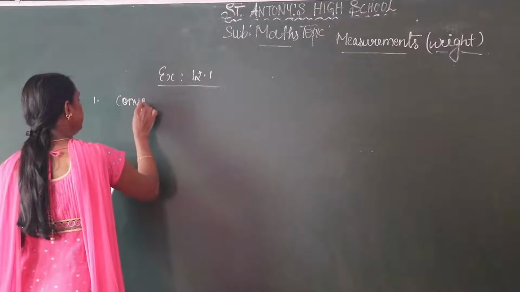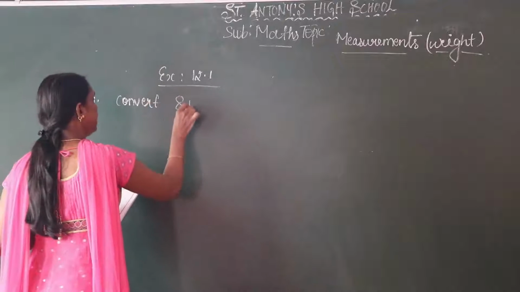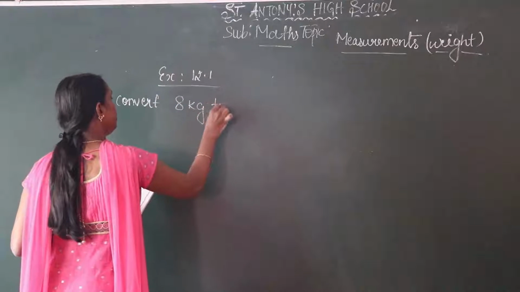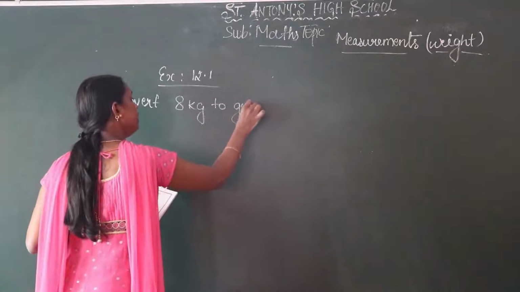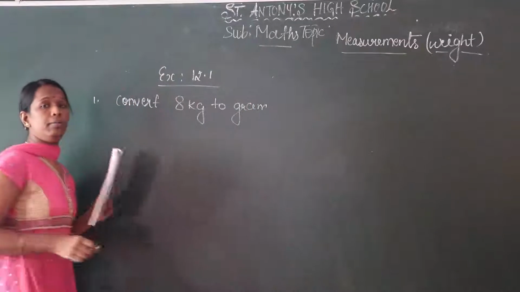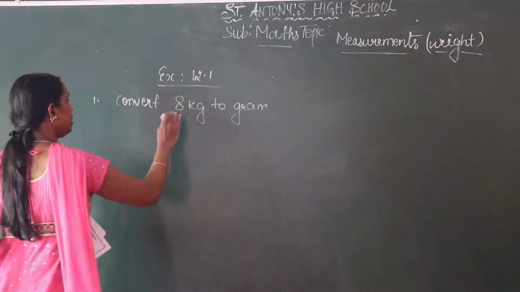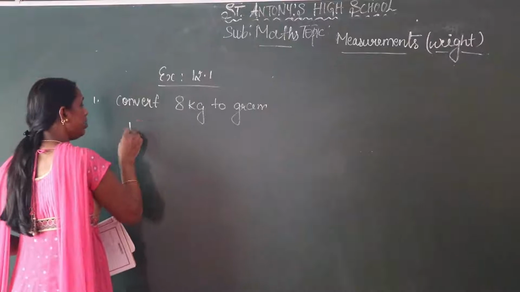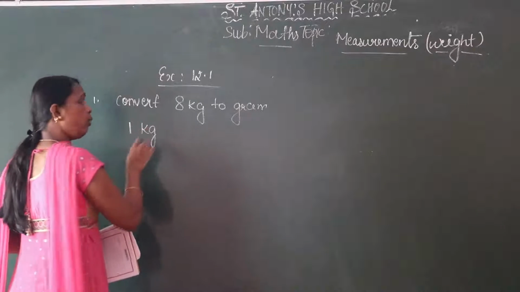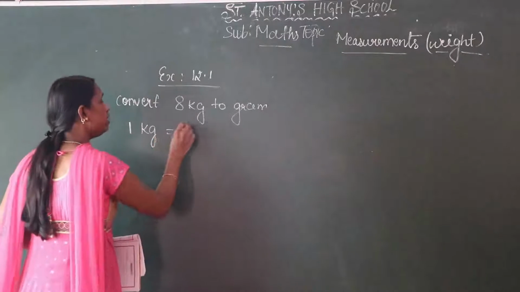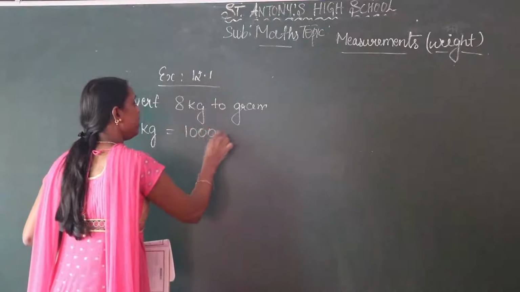Convert 8 kg to gram. What we have to do? Multiply 1000 to the given kg. So you know that 1 kg or 1 kilogram is equal to what? 1000 grams.